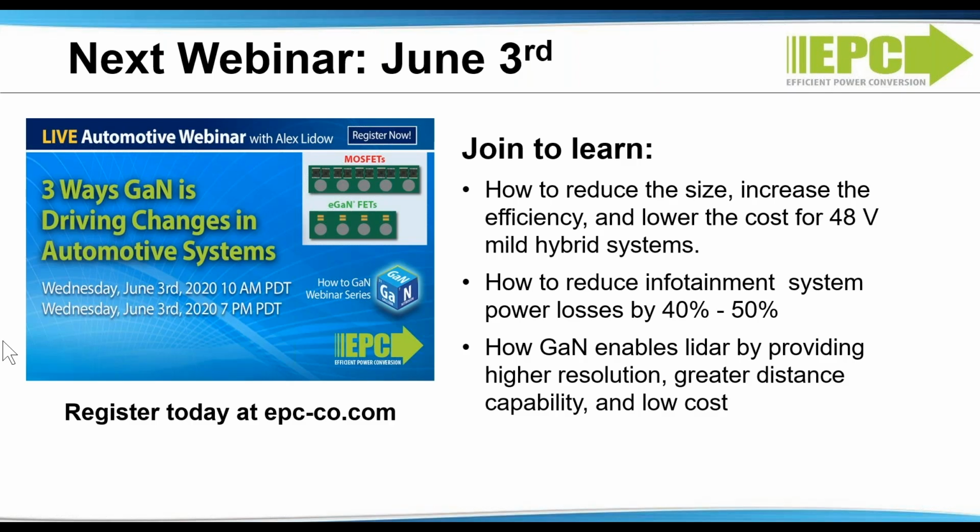So the answer is no. The isolation requirements are for input voltages above 60 volts, and that's a pretty common safety requirement. So no, there's really no requirement for isolation. You'll notice on automobiles, by the way, also no isolation, and they're going to 48 volts as well. So it's a big advantage because by not having isolation, you can improve the efficiency and really increase the power density a lot.